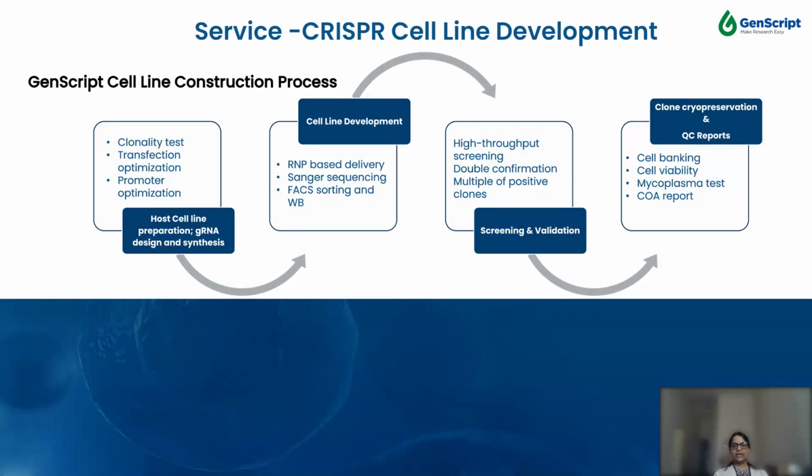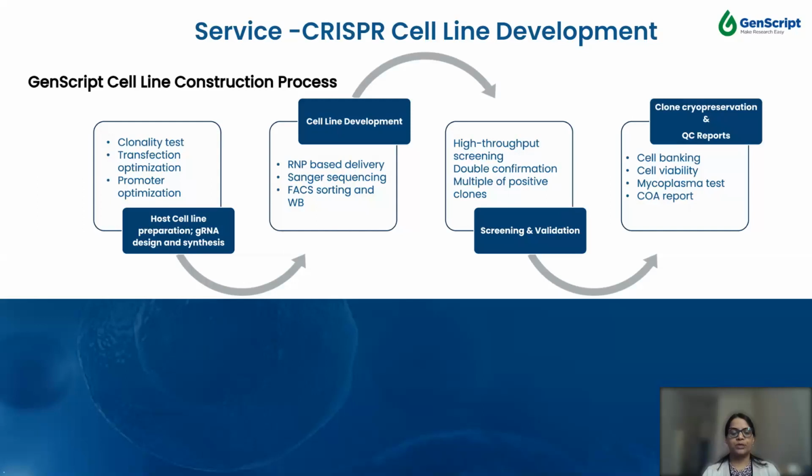So it includes designing the gRNA template, and here I show the construction process for the CRISPR cell line, which includes the design and synthesis of the gRNA, transfecting the cell line, then analyzing editing and knockout efficiency, and conducting the assay.